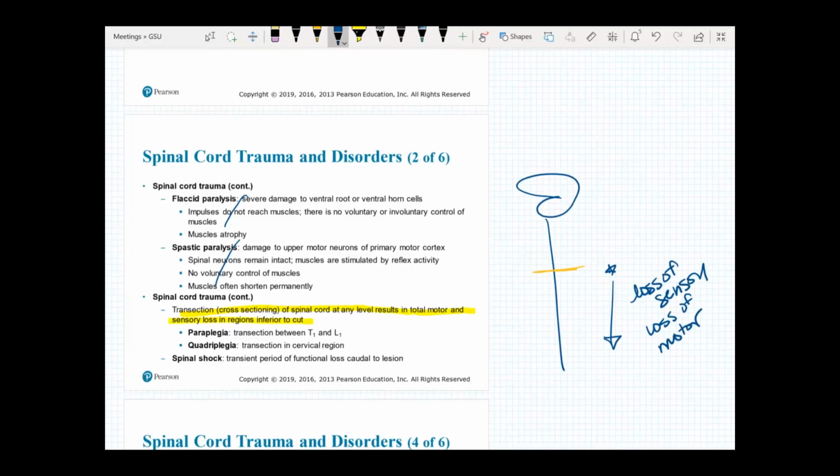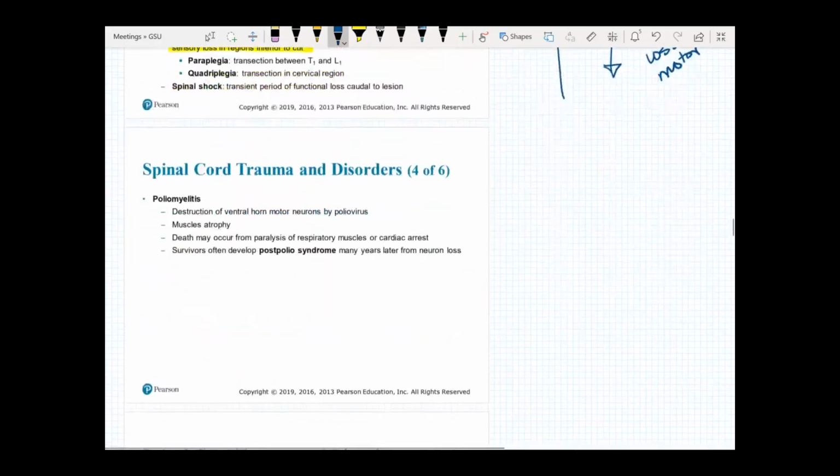But if you have a transection in the cervical region, which is up here, then you will have a quadriplegia outcome, which is paralysis of all four limbs. So wherever the transection of the spinal cord is, it is very important to the level of loss of functioning.